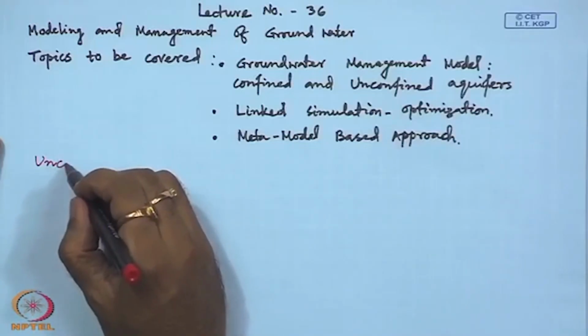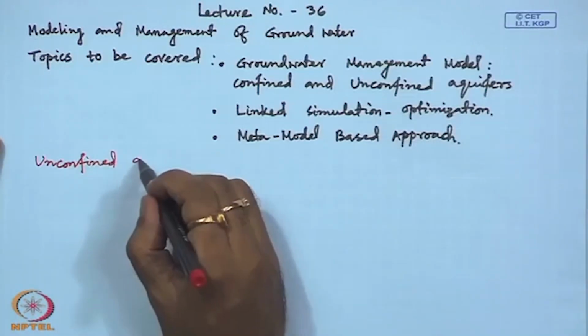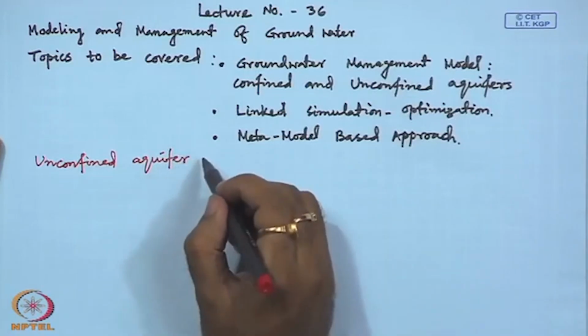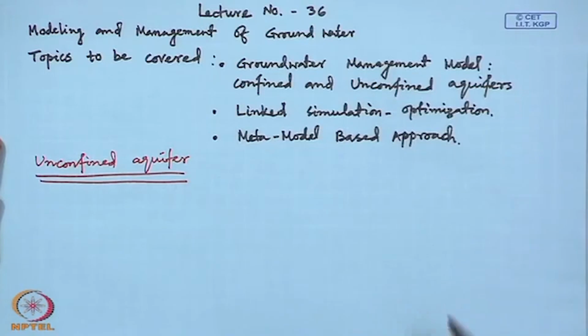So, today we will start with the unconfined aquifer first, and we will try to solve the unconfined aquifer flow management model. This is also applicable to one dimensional flow situation.